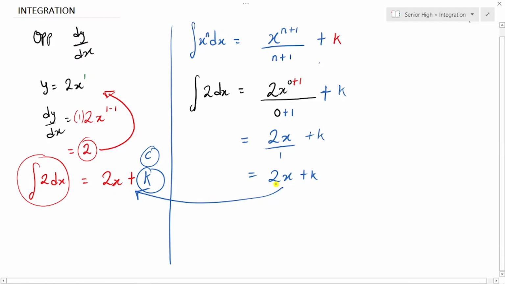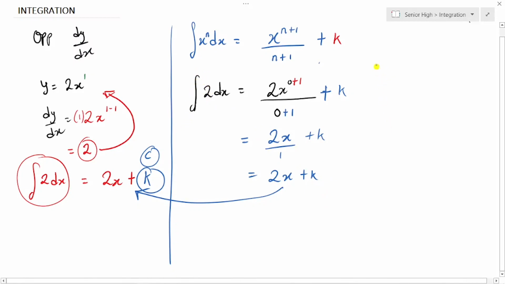Integration, remember, is the opposite of what? Differentiation. So it returns everything you've differentiated back to its original value. But remember, we have a constant. This constant, as I said, I will get back to it. It actually appears when you're working with an indefinite integral.